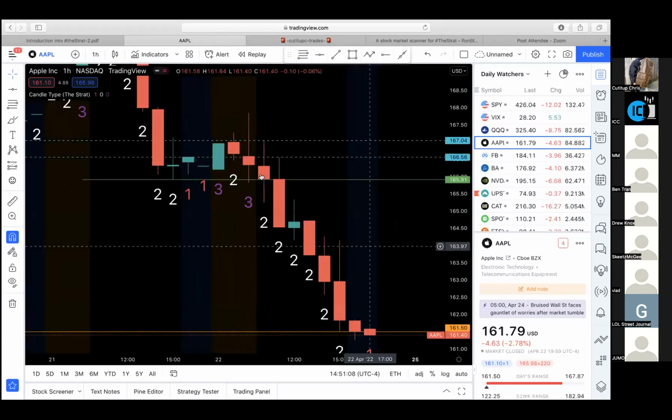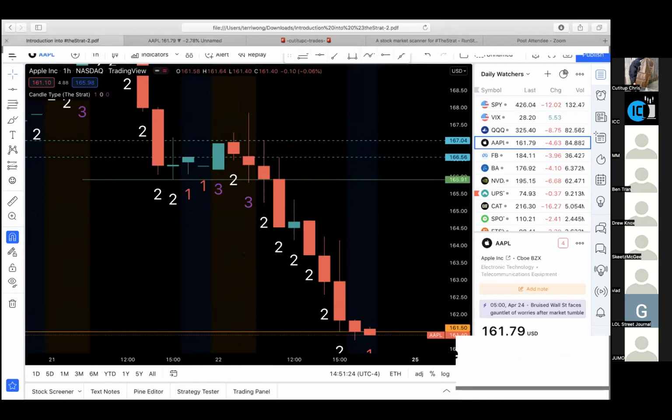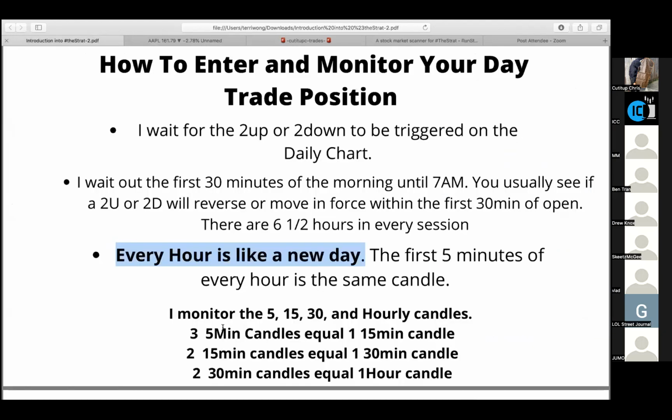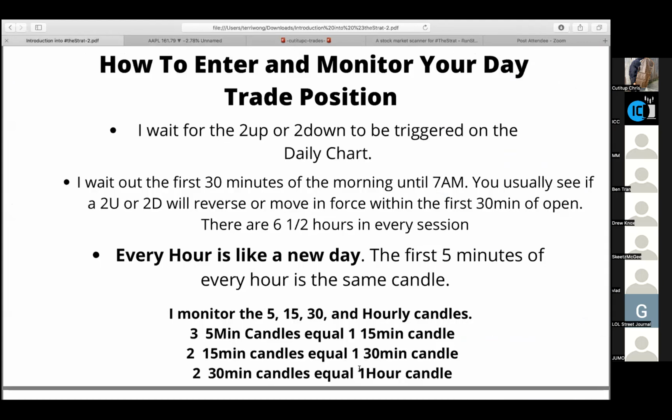These are different days from my perspective. They're both triggering continuations, but that's when the 5-minute, 15-minute, and 30-minute candles come into play. Because in each hour, there are 2 30-minute candles.